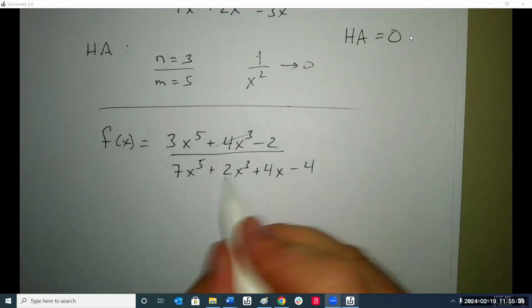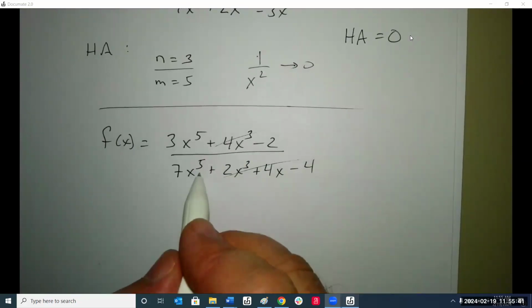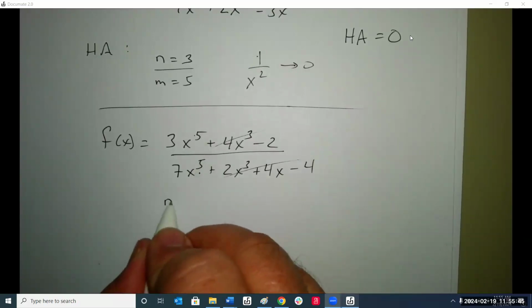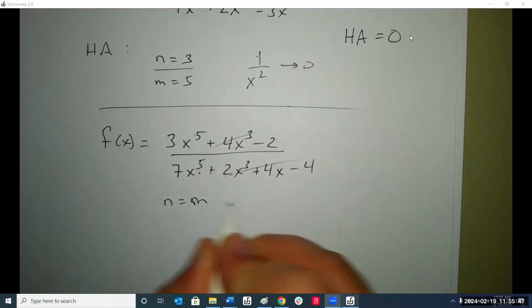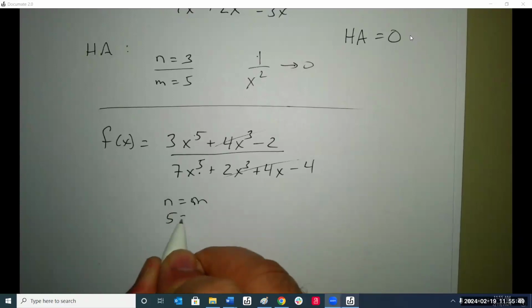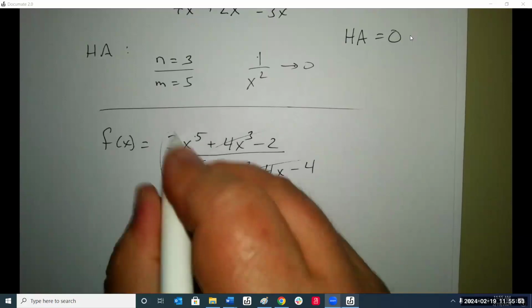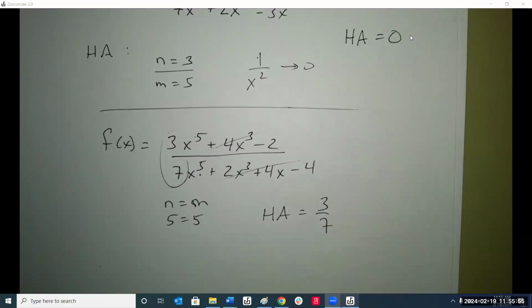Forget about the rest of the stuff. Since the degrees are the same, the horizontal asymptote is simply the coefficient.